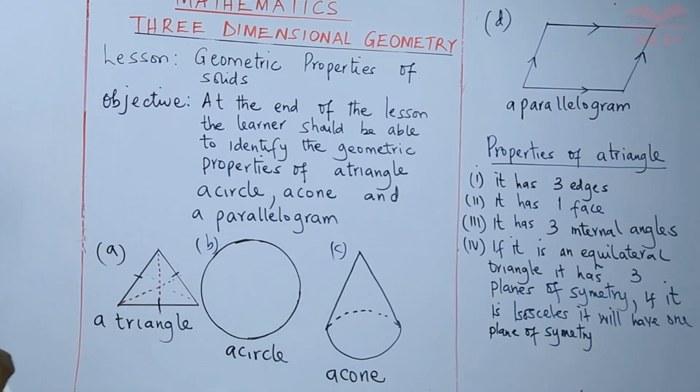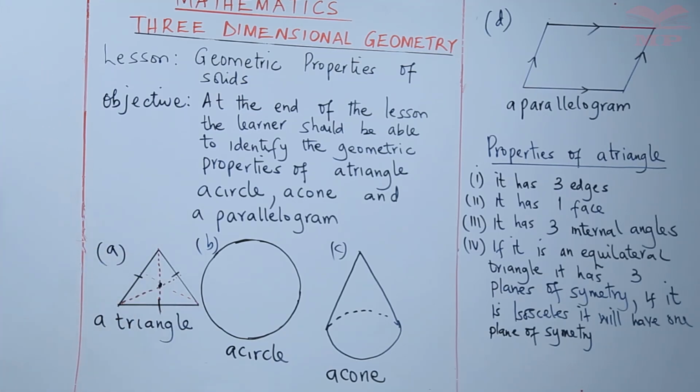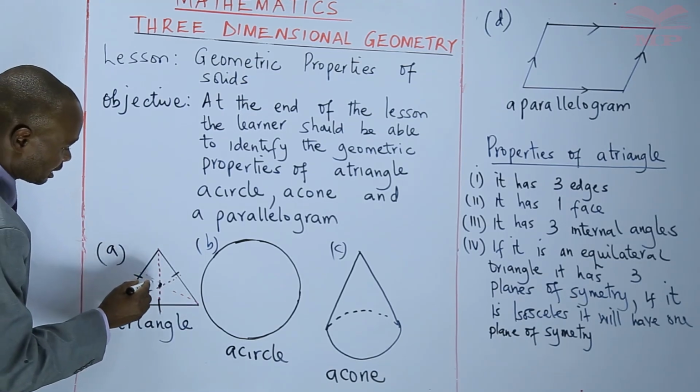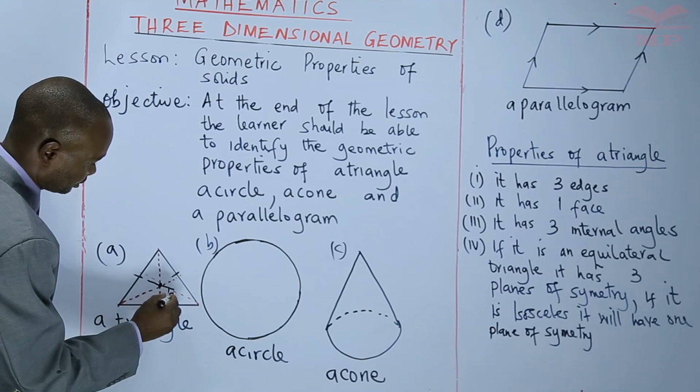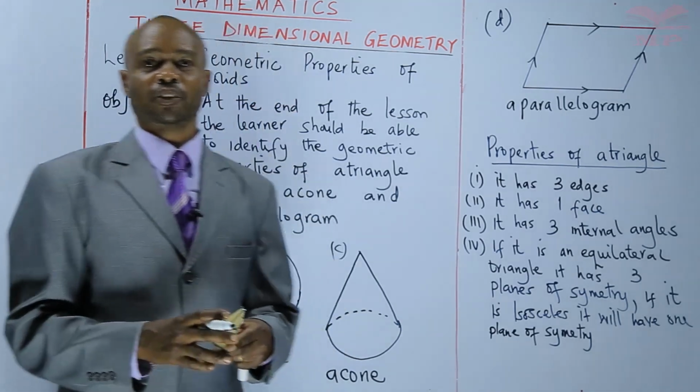So if a figure has several planes of symmetry, sometimes the planes of symmetry intersect, and sometimes you can have an axial of rotation.